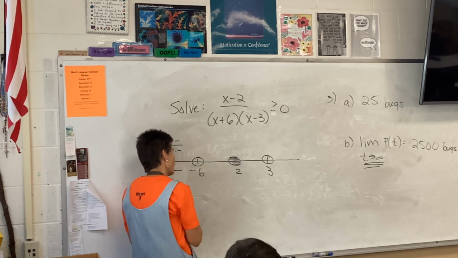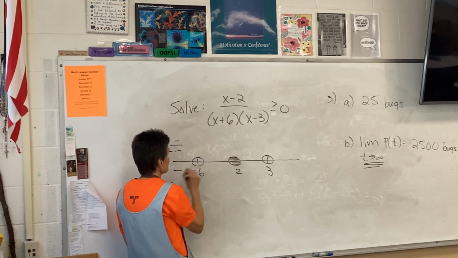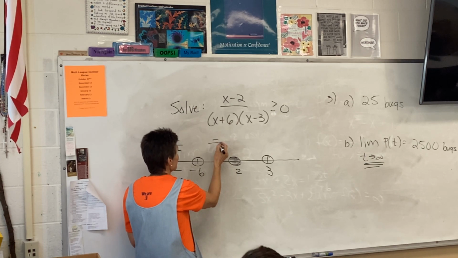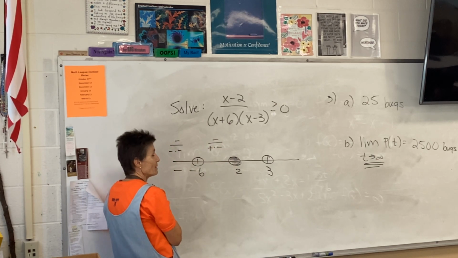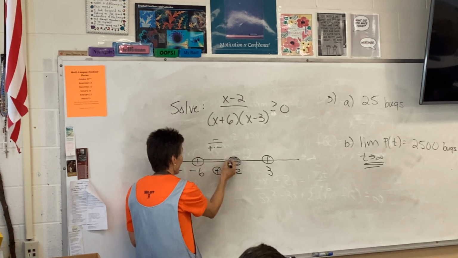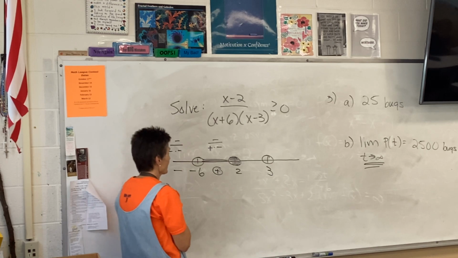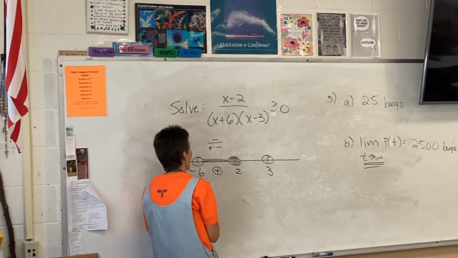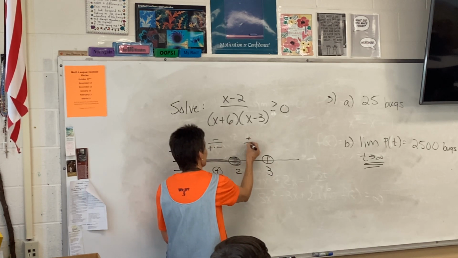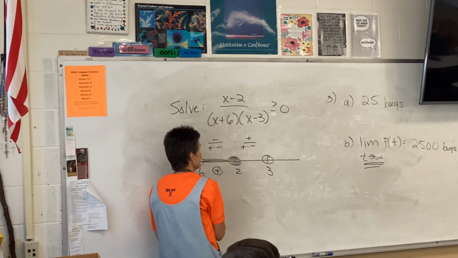So, okay, let's move over here. How about 0? Just a number in there, 0 works. So that's negative over positive negative. Does that give me what I want? Yes, that's a positive output, so that's all good. How about 2.5? Positive over positive negative.